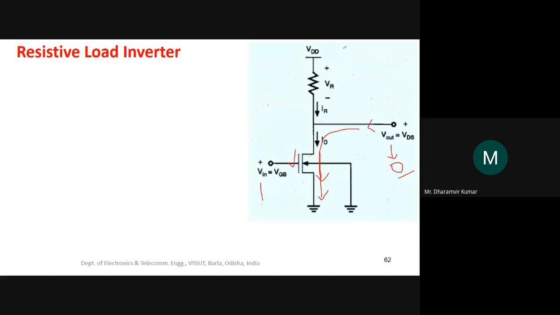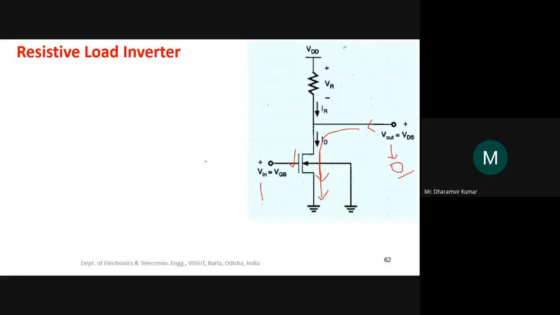So when input is high, output is low. So it is acting as an inverter, right? When input is high, output is low, and vice versa.